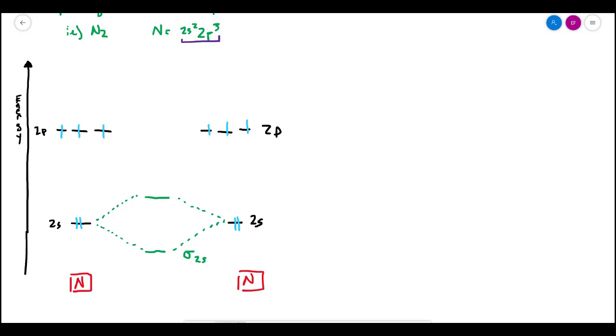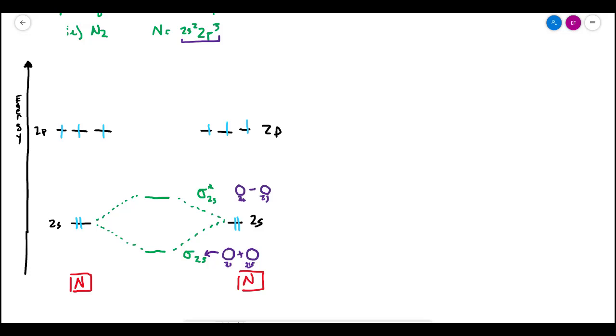So let's see if I do this in purple. This is going to be this plus this, these two 2s orbitals. That's what this is referring to. And then the second one is going to be sigma star 2s, because it is the product of the subtraction of these two 2s orbitals on nitrogen.